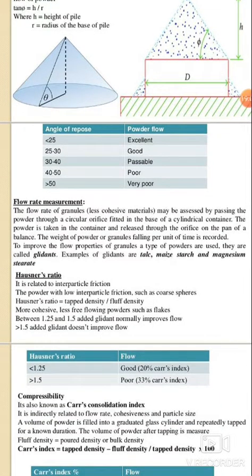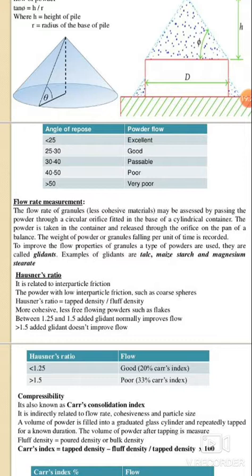By this setup you can add glidant to increase the flow properties, and accordingly increase the glidant concentration. When you add 1% of glidant you get one angle of repose value, at 2% another, and accordingly you increase the glidant concentrations.